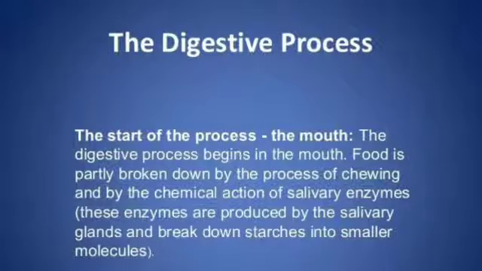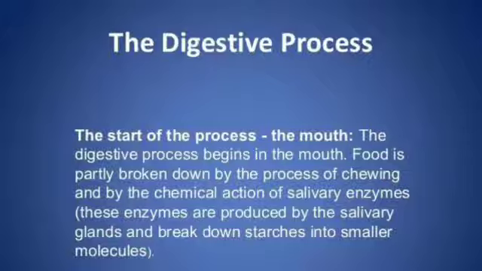Now, after the food has been chewed properly, it passes into the food pipe, also known as the esophagus. There a movement happens that is known as peristaltic movement. By this movement, the food reaches the stomach. There, the process of digestion gets completed.